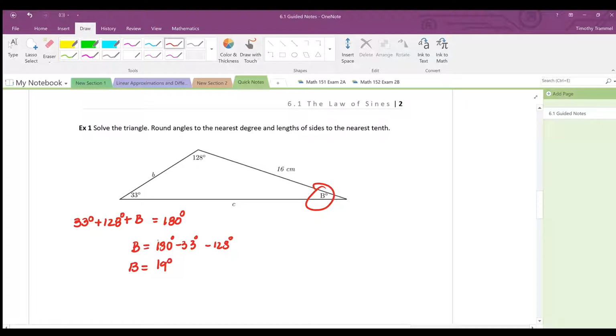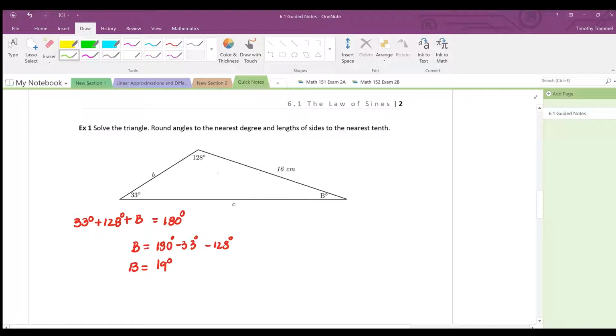Okay, so we already have one piece of this done. Now, it's up to us to decide whether we want to try and find side B or side C. And it's not going to matter here because we know all three of these angles. We can just choose to start with whatever one we want.